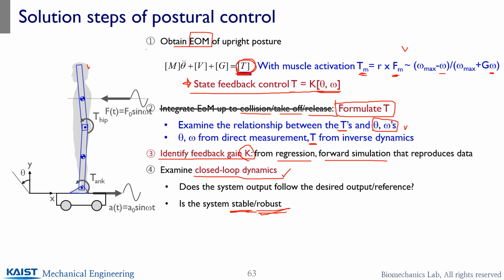If you change the gain a little bit, does that change the response much, or does it not change much for body parameter changes? That is usually where the error comes in. So you should examine the closed loop dynamics, and you can also do a parameter study similar to what we have worked on for the other human motion analysis. And this is a brief outline for posture control solution steps.